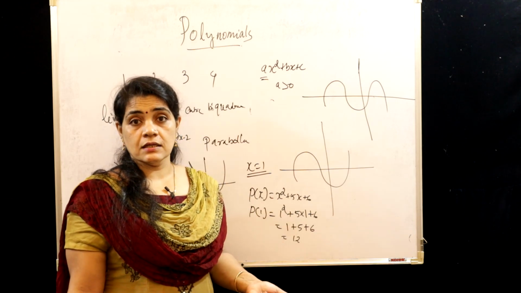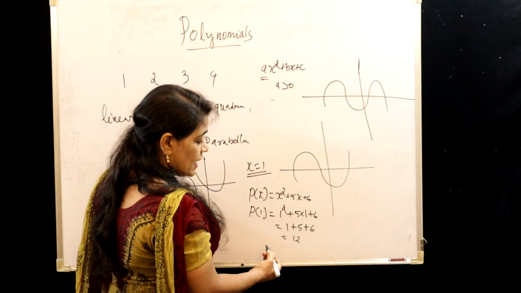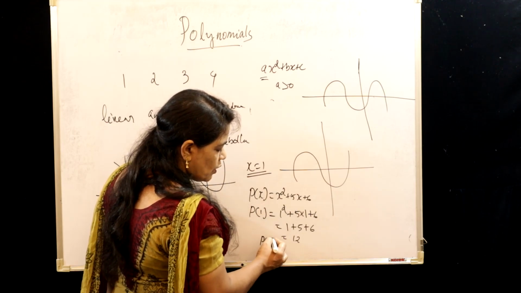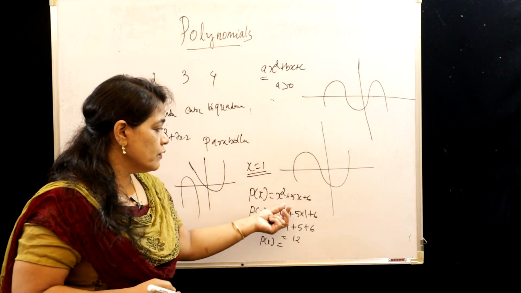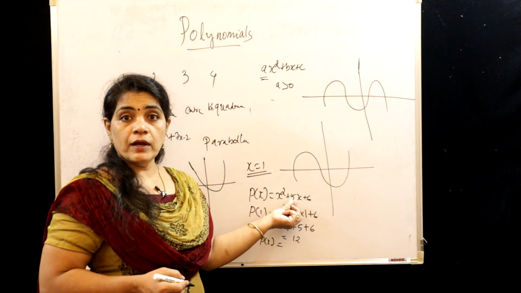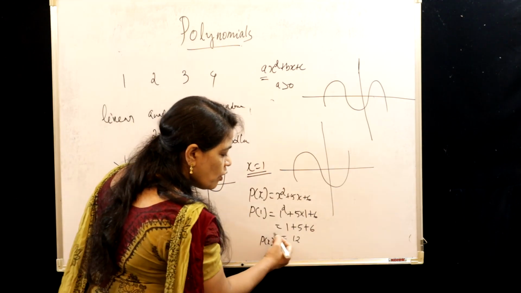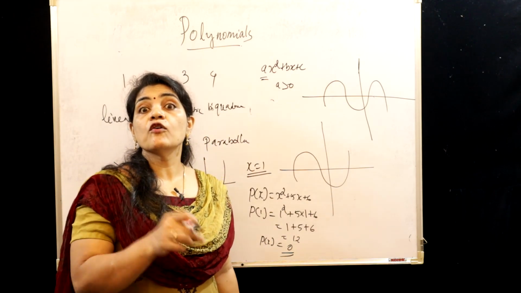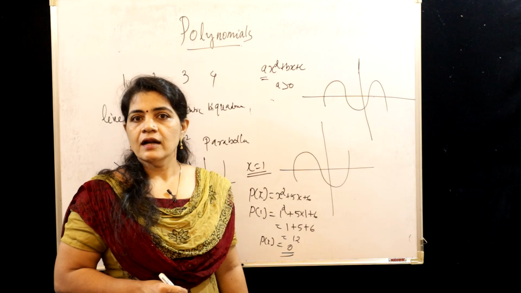In some cases, if p of x is equal to 0, whichever value makes this polynomial 0, that value is said to be a zero of the polynomial. Understood?